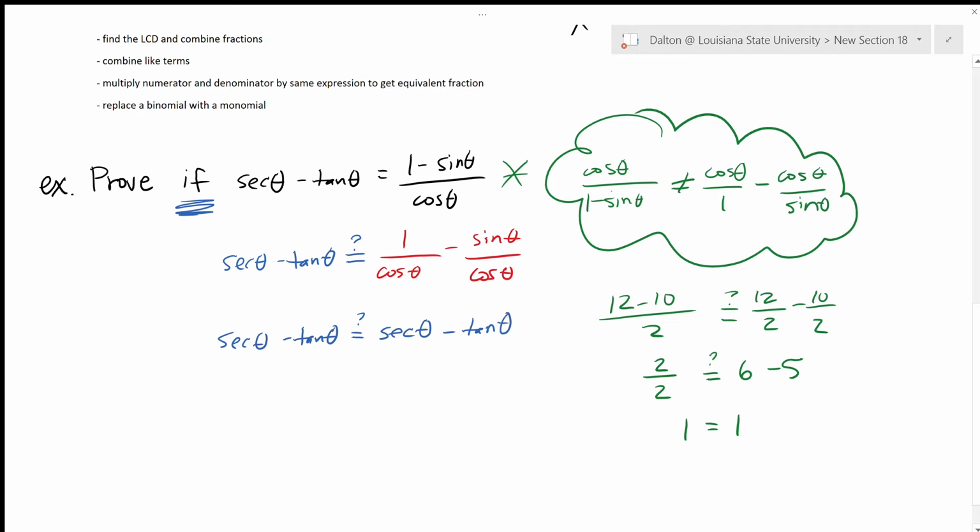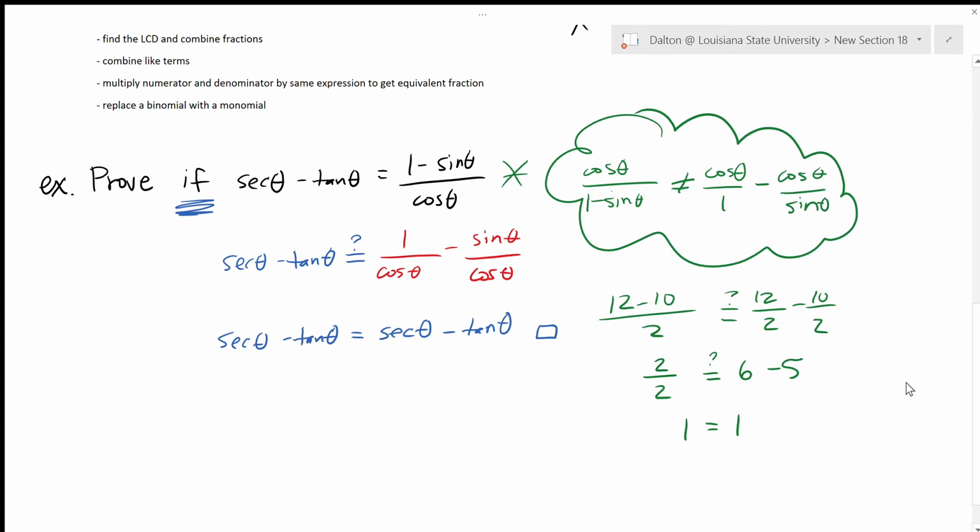And look what you've just done. You've just proven that secant theta minus tangent theta is equal to secant theta minus tangent theta. When that happens, you put a little box at the end of your proof to show that you were done, and your last step no longer needs the question mark symbol over the equal sign because you've proven that they are indeed equal to each other.